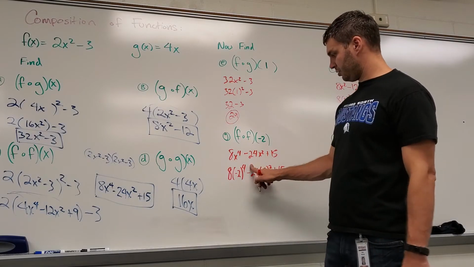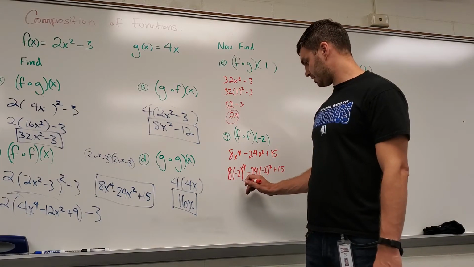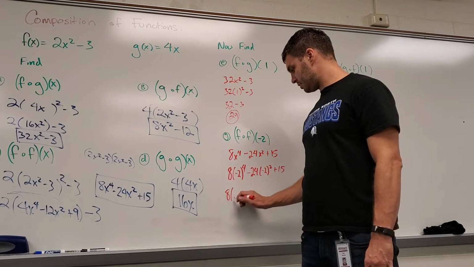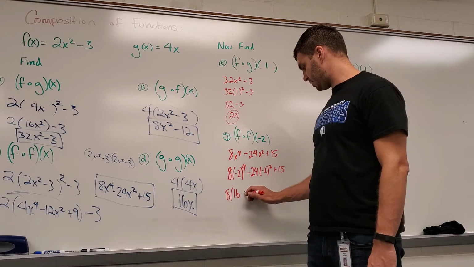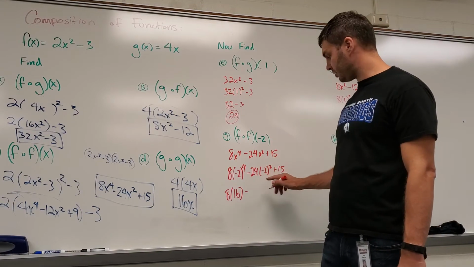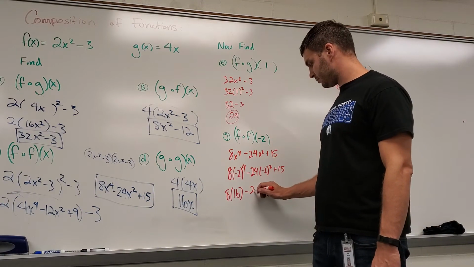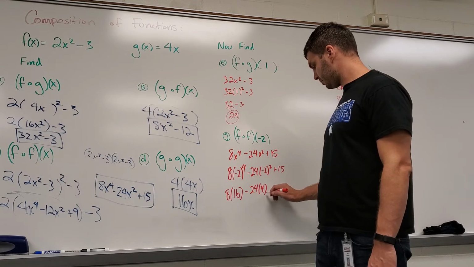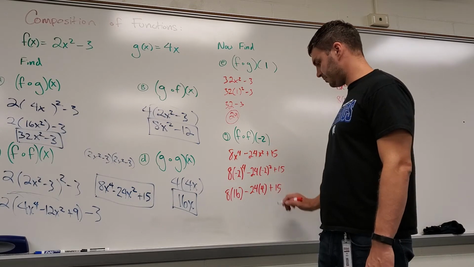Let's see, negative 2 to the 4th is 16. So 8 times 16 minus 24 times negative 2 squared, which is positive 4, and then plus 15.